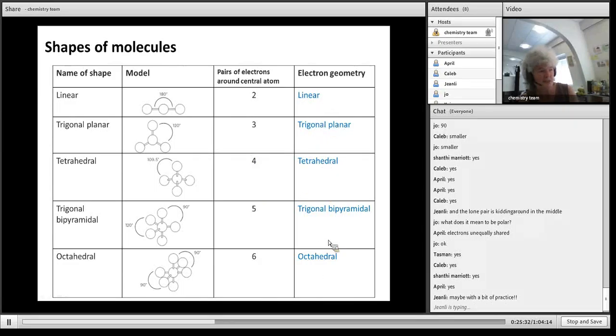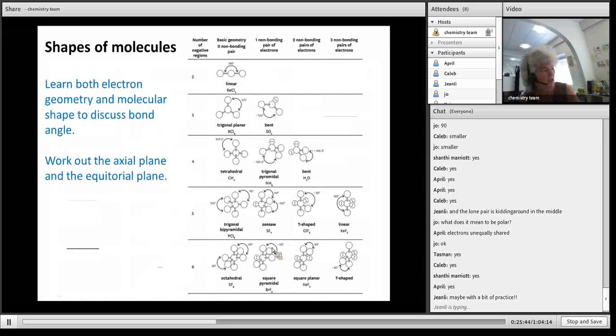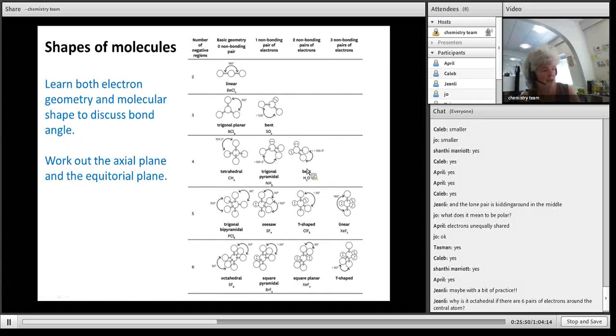That's what you learned at level 2. At level 3, you're now adding on the trigonal bipyramidal and the octahedral. So I see John Lee's typing, but we'll carry on. This is also in your book. Here we've spread it out a bit more, because we're now doing your basic shapes plus the variations with the bonding and non-bonding pairs.